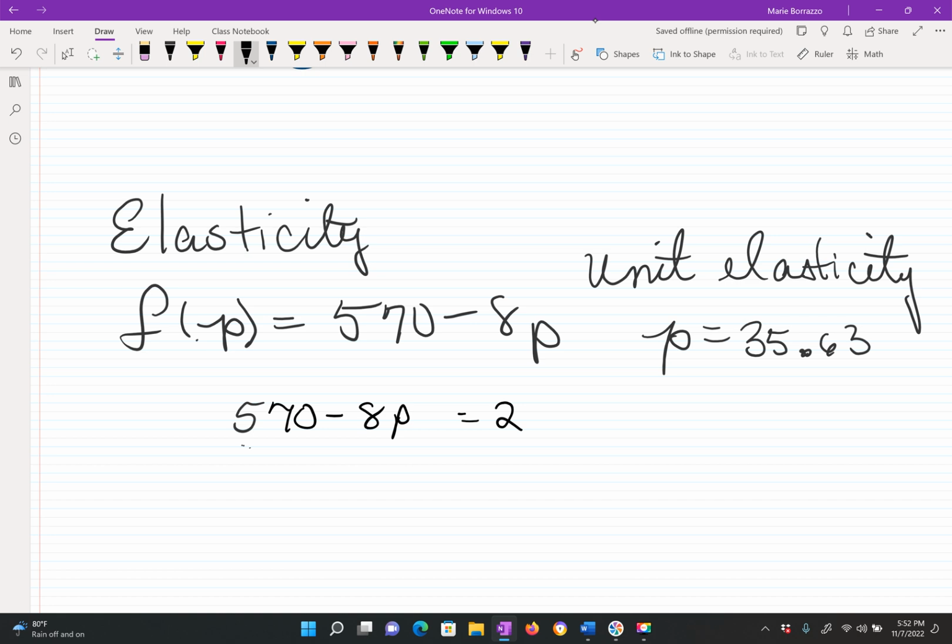What did it come to? We know that if we were to simply do 570 equal to positive 8p, and we divide by 8, we know we get double that amount. We get 71.25. It's actually not. Excuse me.